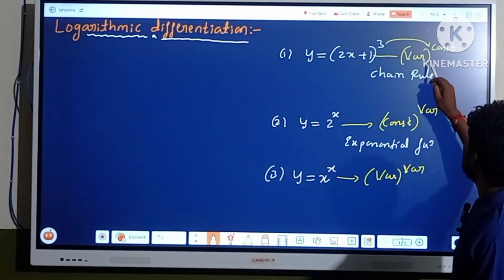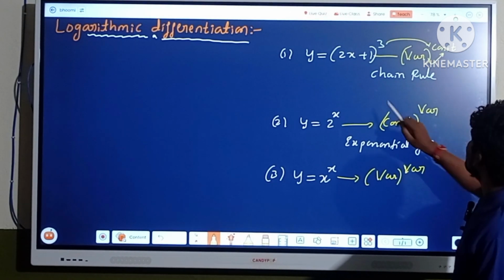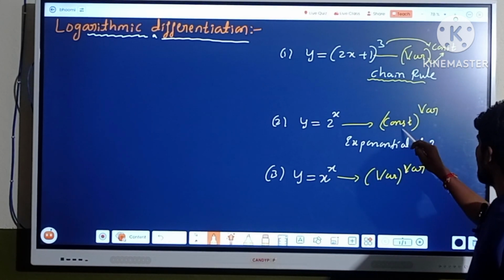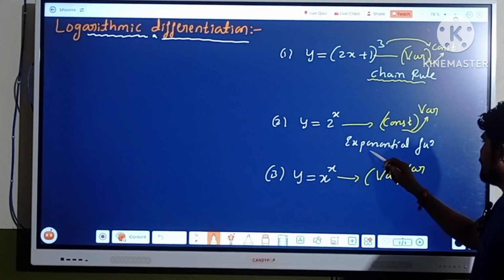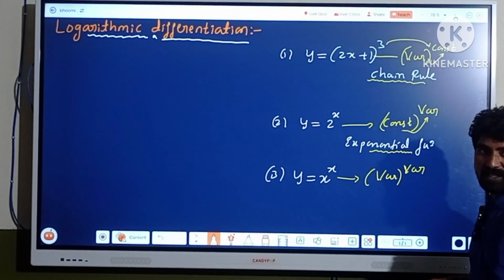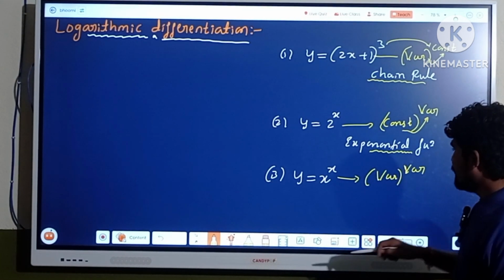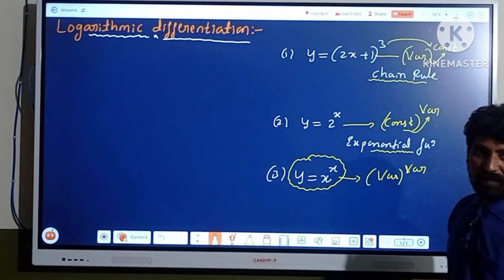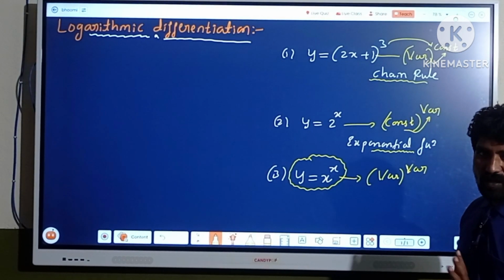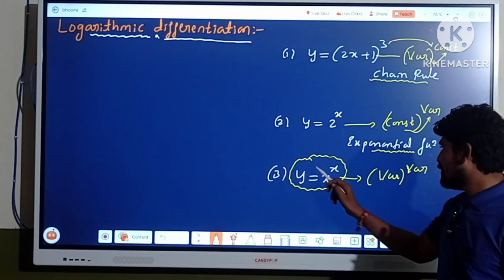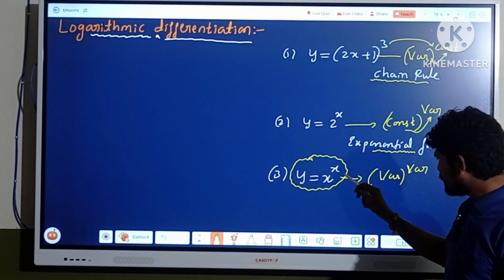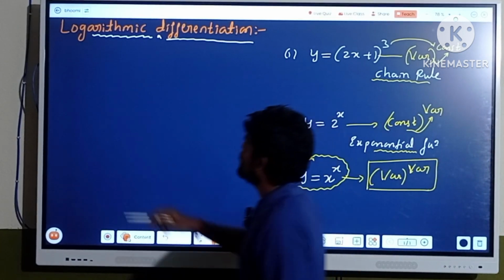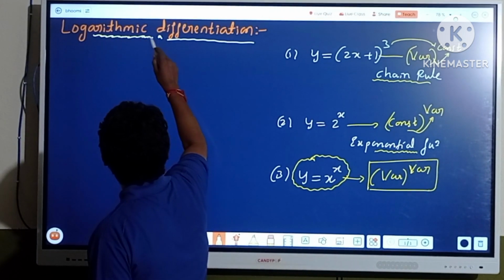To differentiate variable power constant, we have the chain rule. To differentiate constant power variable, we have the formula for exponential functions. But to differentiate functions of the form variable power variable, we don't have any derivative formula. So to differentiate functions of the form variable power variable, we use what? Logarithmic differentiation.